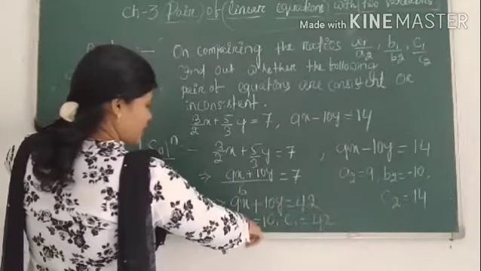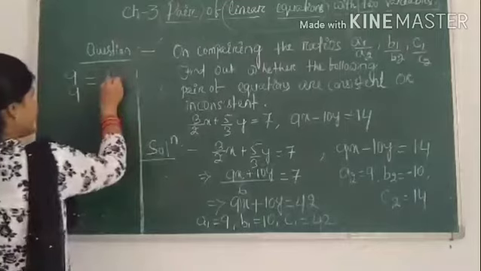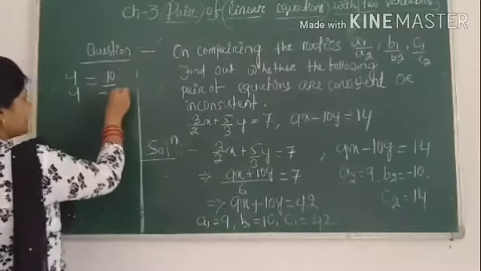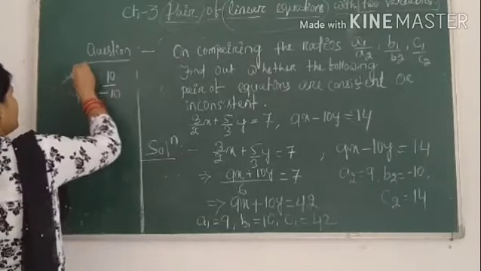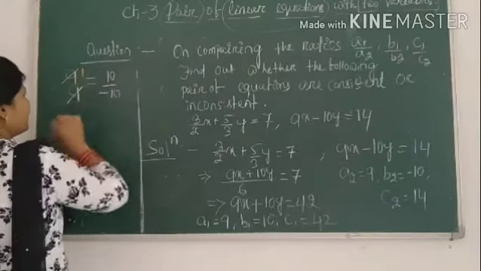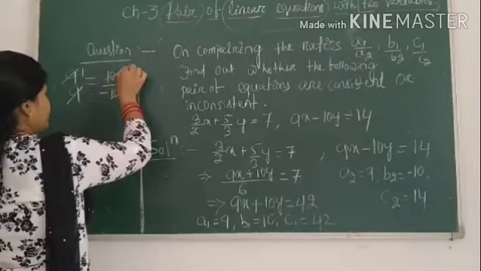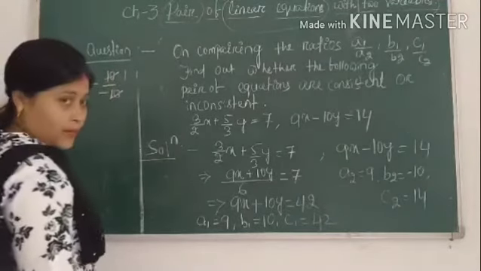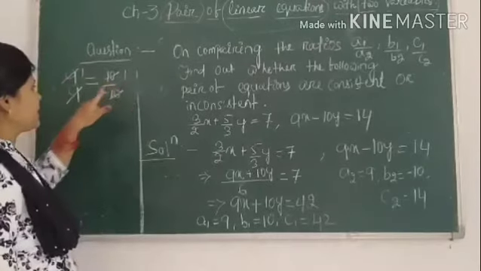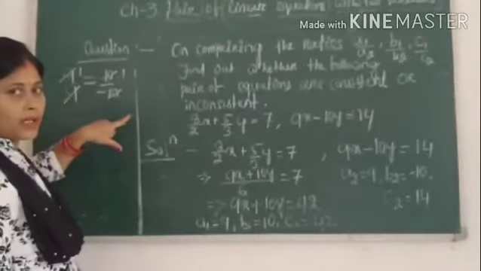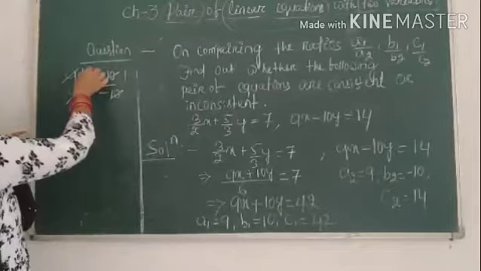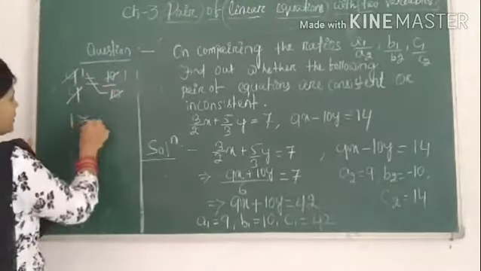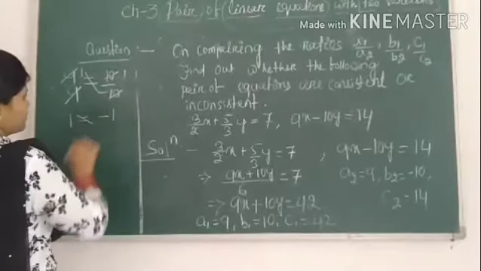So B1 is your 10 and B2 is your minus 10. So here 9 9 cut, only 1 will come. Here I am getting 1, but here I am getting minus 1. So are they equal? No. So here I can write 1 is not equal to minus 1.